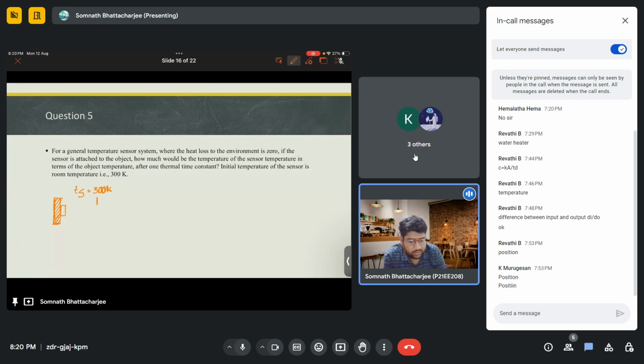When the sensor was placed elsewhere, the value was 300 K, but while we have attached it to this object, let's say the object temperature is TO. So we need to know what is the value of this sensor.